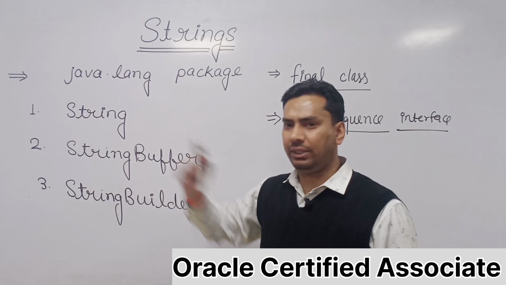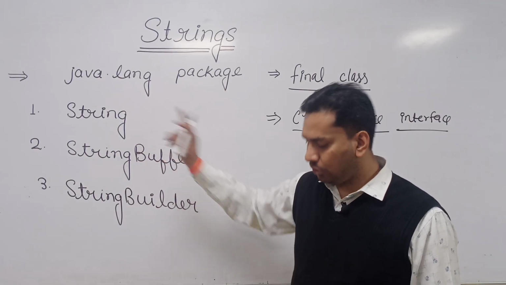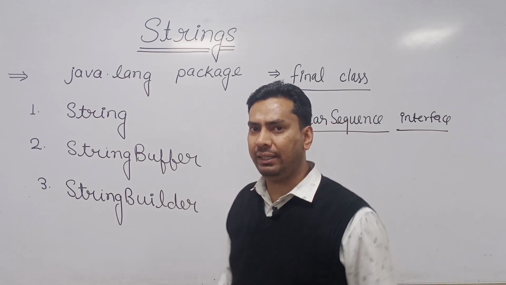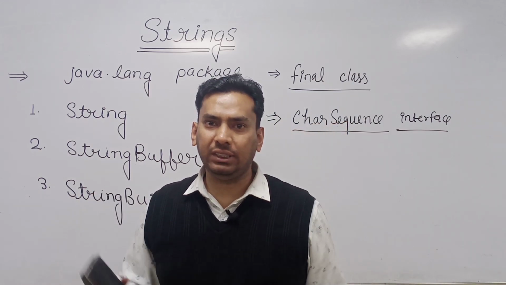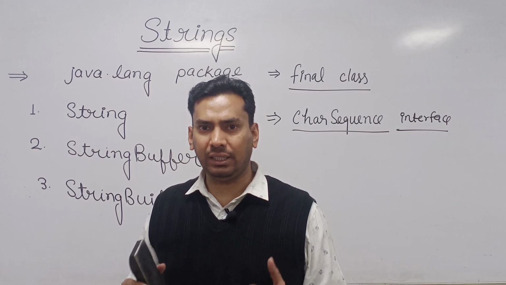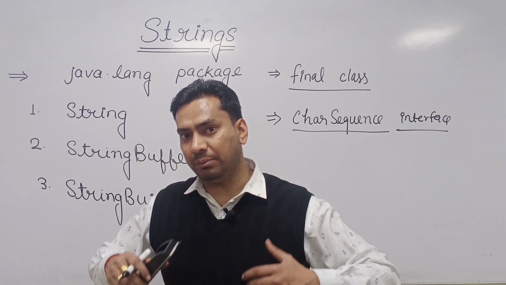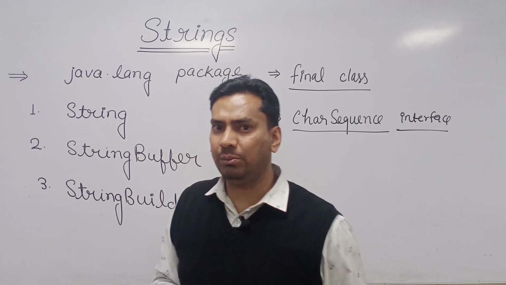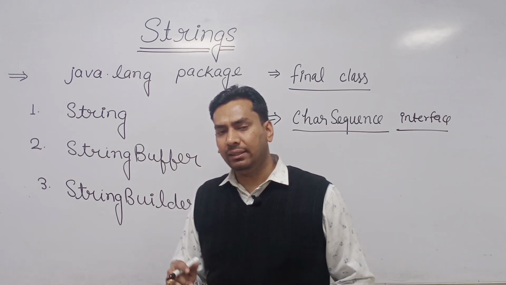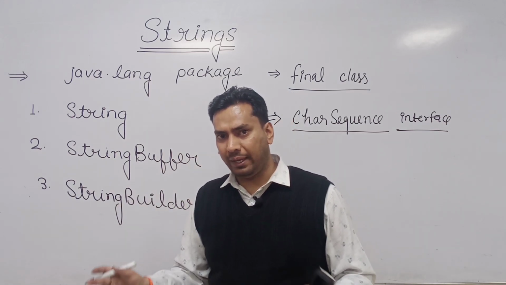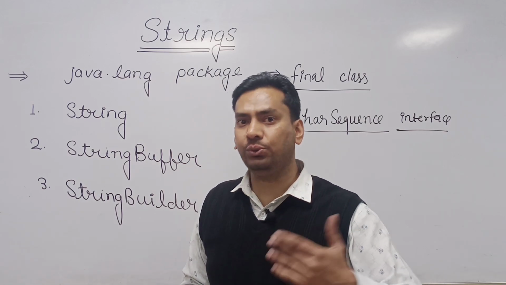So the first one is the String class. In Java, the String class is provided with special features, and one of the most common is that anything can be converted into a string in Java.